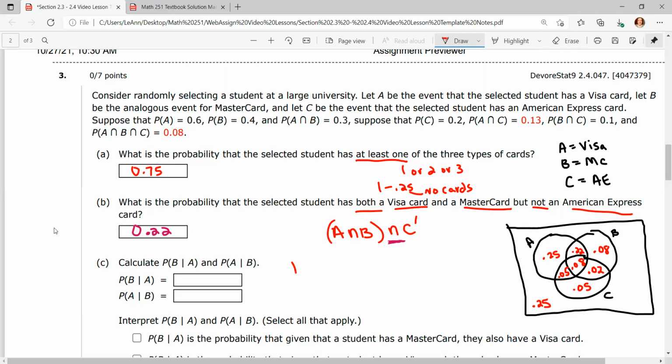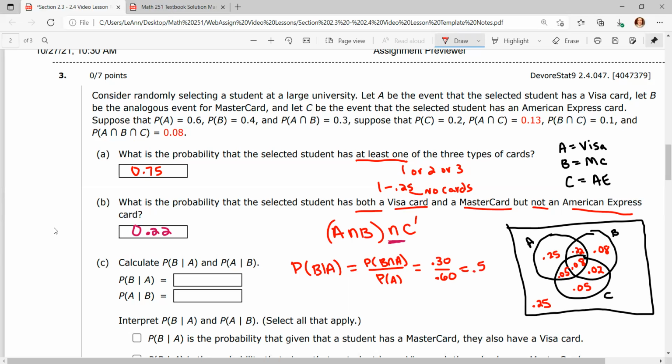We want to do probability of B given A. We know A, so that's going in the bottom, and we want the intersection in the top. Well, B intersect A was 0.30 over all of A, which is 0.6. So that's going to be 0.5.